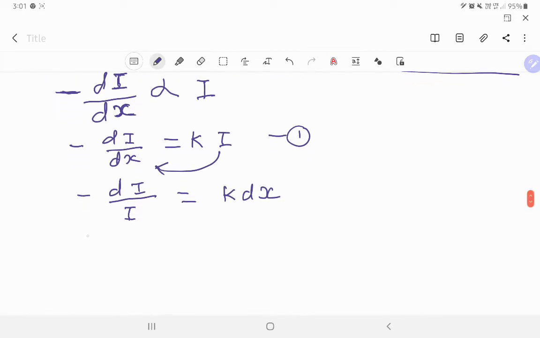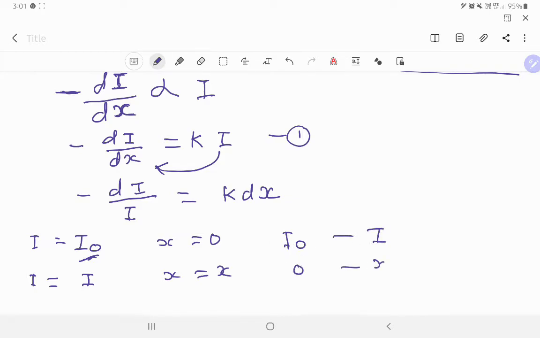Now integrate this equation between the limits. When I is equal to I0, then x is 0. And when I is equal to I or IT, then x is equal to x. Means integrate between I0 to I when x is 0 to x.